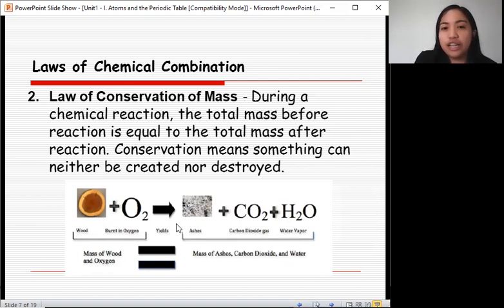So usually ang ato ara nga makita nga product sa pagsunog sa kahoy is abo, diba? Ashes. But then ingon ni law of conservation of mass, dapat nato siya i-take also the production of carbon dioxide and water. Because conservation means something can neither be created nor destroyed.